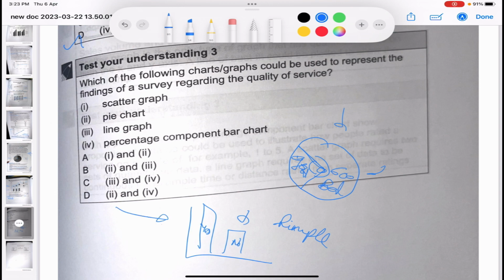Am I able to understand something in this? No. So what kind of bar chart can I use? You can use a component bar chart. You can show yes and no, with this much percentage saying no and this much percentage saying yes. So a pie chart and a component bar chart can be used to show the percentages. I hope you've understood this as well.